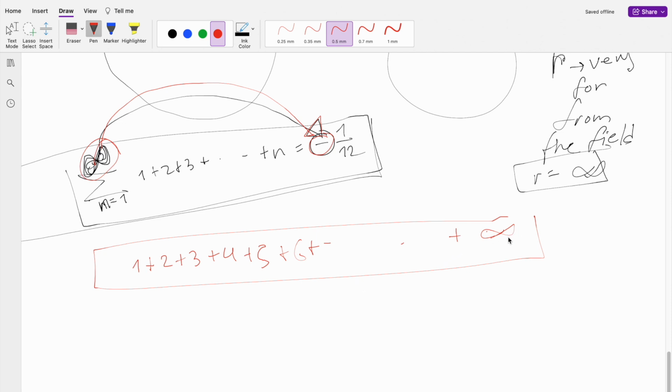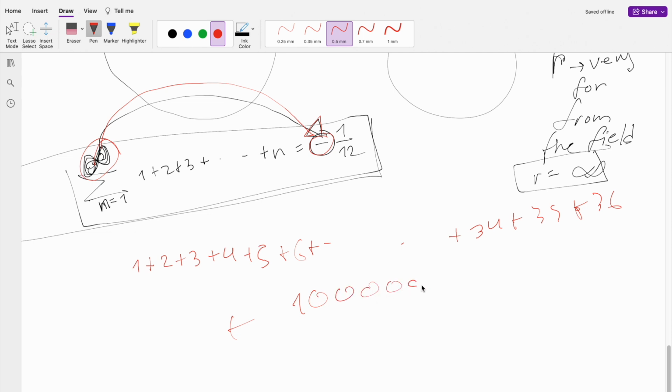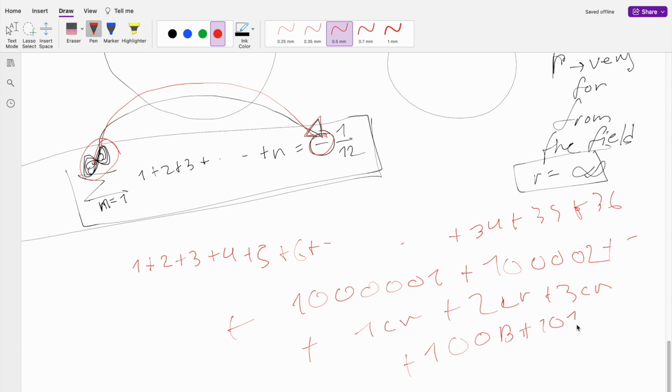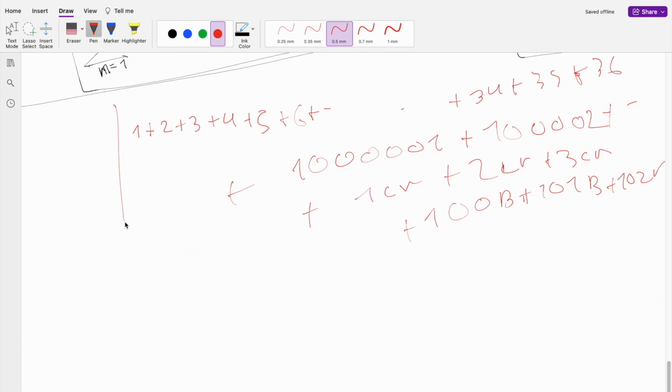So if you replace infinity, if you keep saying 34 plus 35 and 36 and you're on and on, and you're up to 1000001, then 1000002, and you're on 1 crore, 2 crore, 3 crore, and then 100 billion, 101 billion, 102 billion, and you're just continuously adding this up.